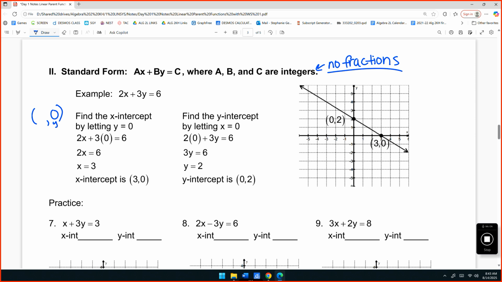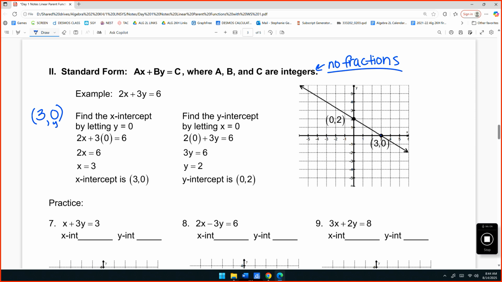And then what's anything times 0? 0. So it just kind of goes away. So 3 times 0 is nothing, 0. So then I'm looking at 2x equals 6. Divide by 2, x is 3. So the x-intercept is 3, 0. And that's what they did here. They just plotted 3, 0.